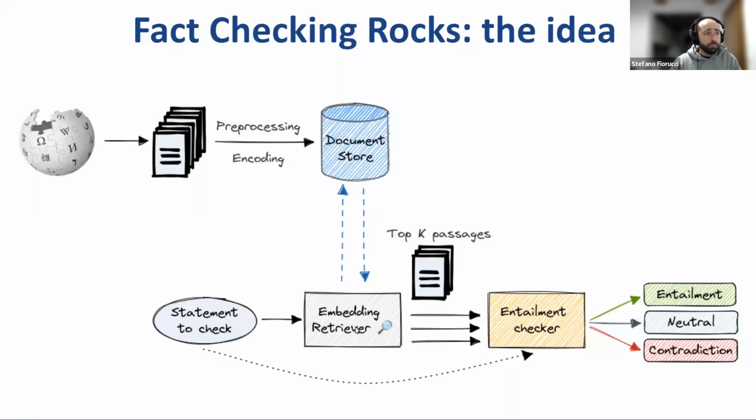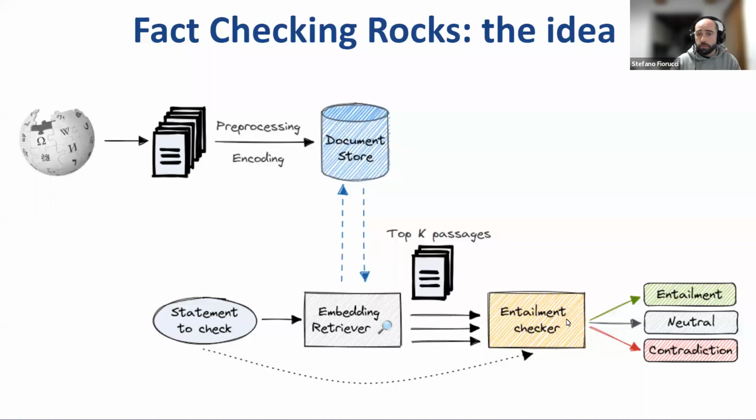Then, using the embedding retriever, the relevant passages are retrieved from the document store, and then through this new entailment checker node, the system computes the textual entailment between each relevant passage and the user statement using a natural language inference model.